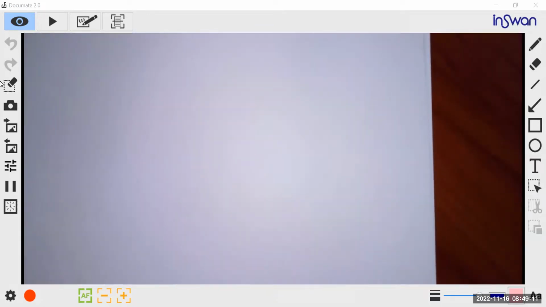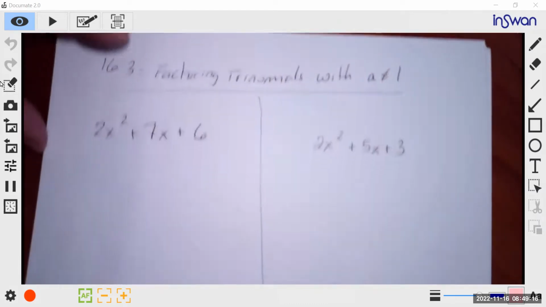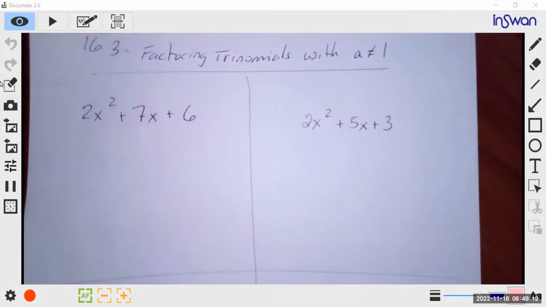Okay, let's look at some examples here. We have 2x squared plus 7x plus 6.